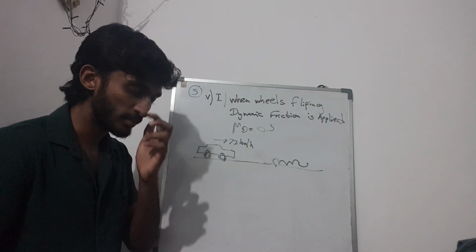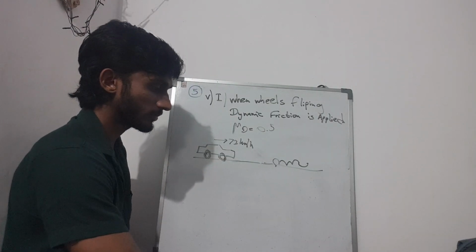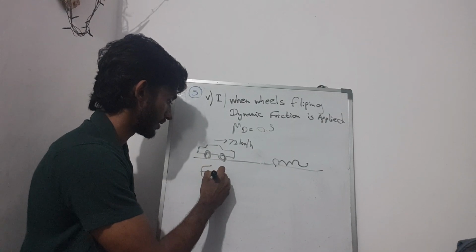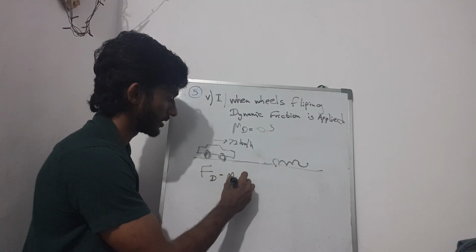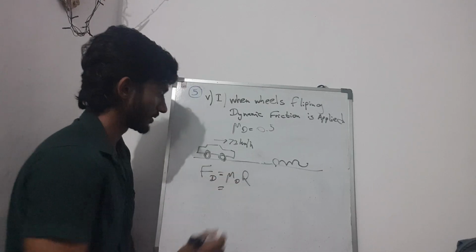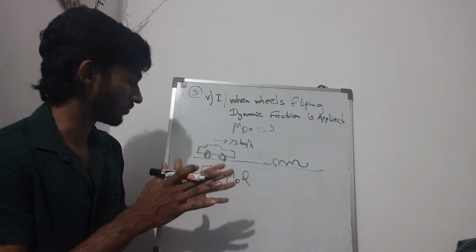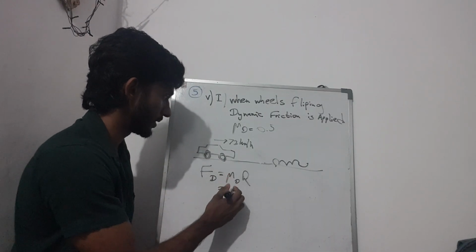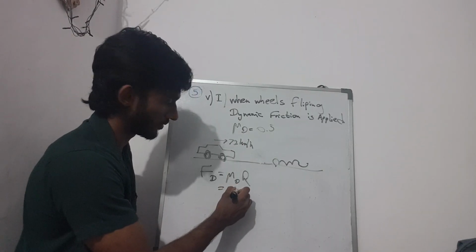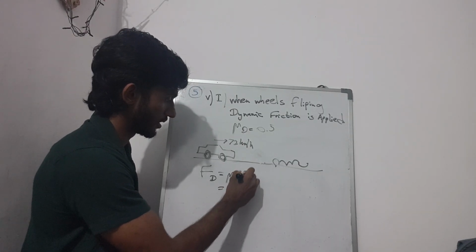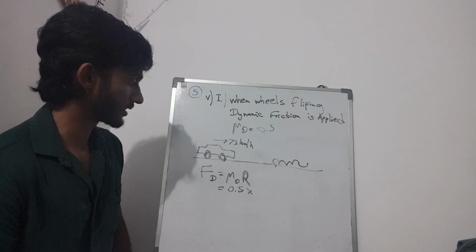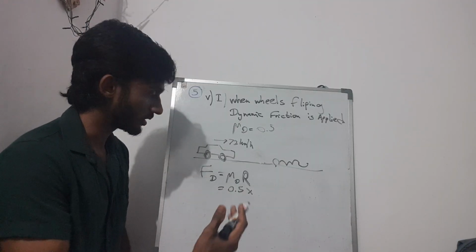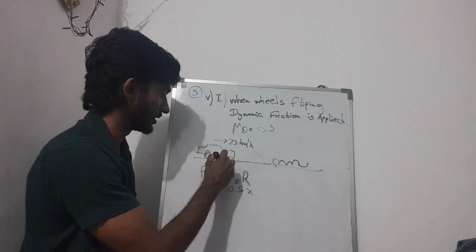We can calculate that using the friction force, dynamic friction, mu d R. Then the four tires start slipping. Then mu d is 0.5. The reaction force on the 4 tires also equals mg.